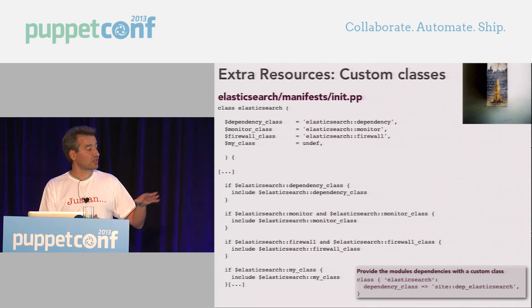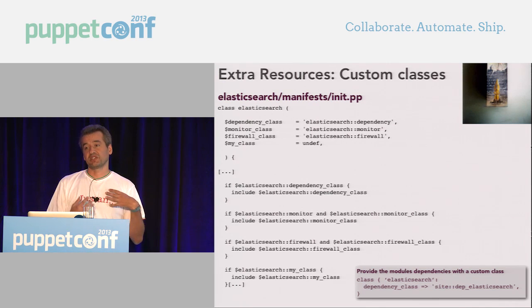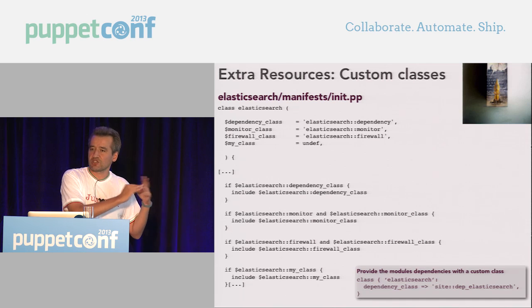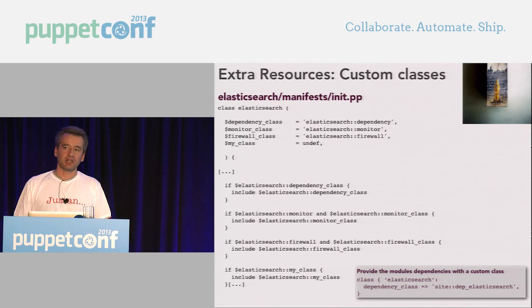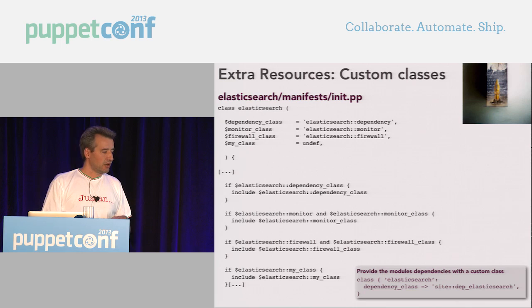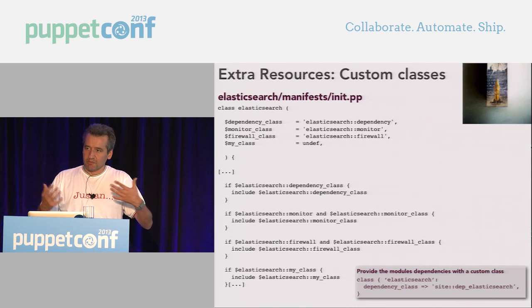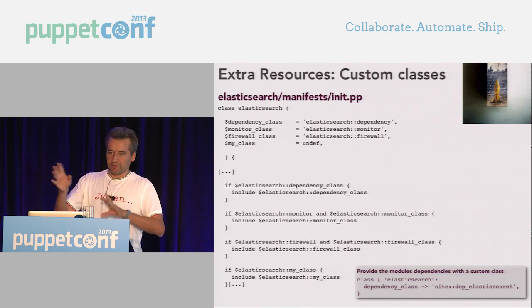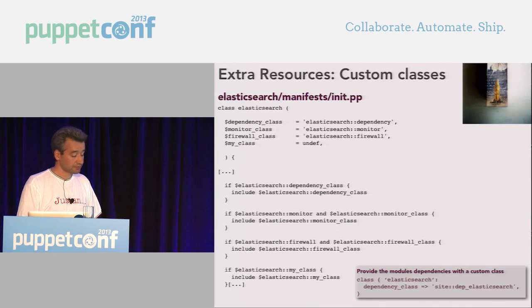So you may leave the user to set his own class where the resources are managed in a custom way, without having the need to manage dependencies between modules and looking for different module sets and so on.